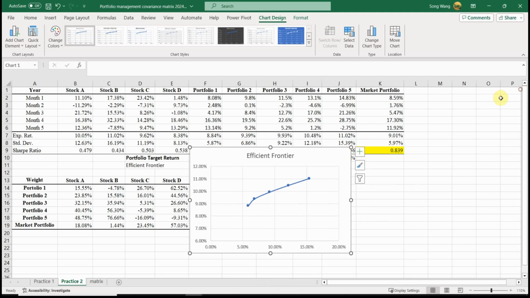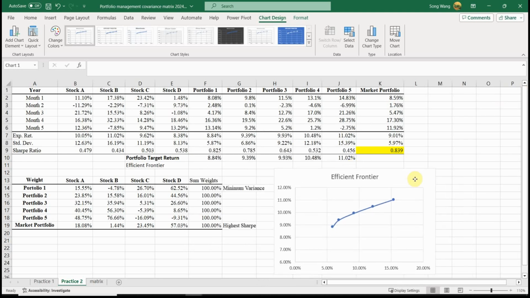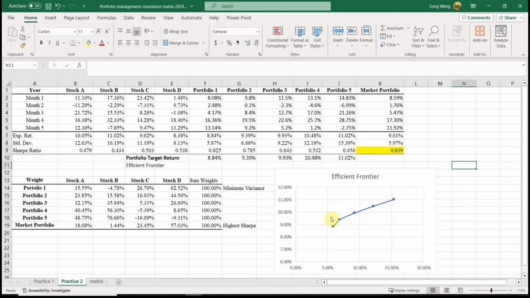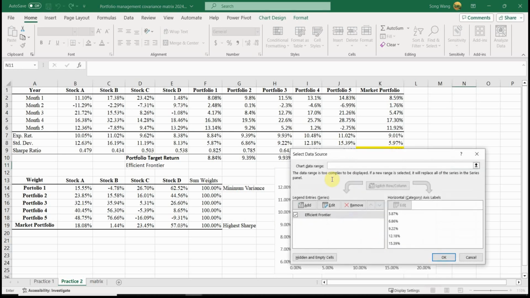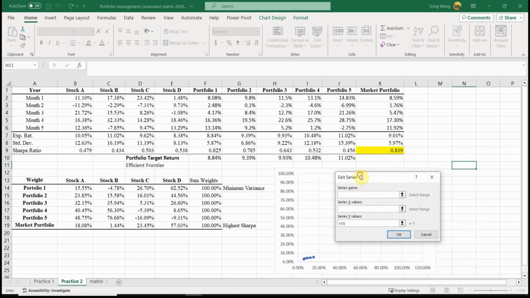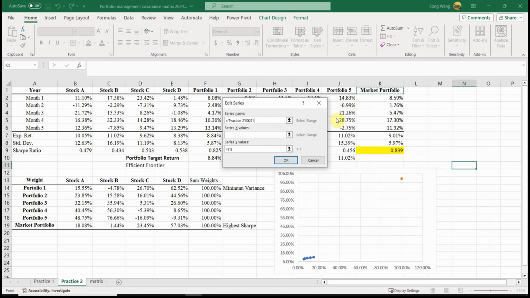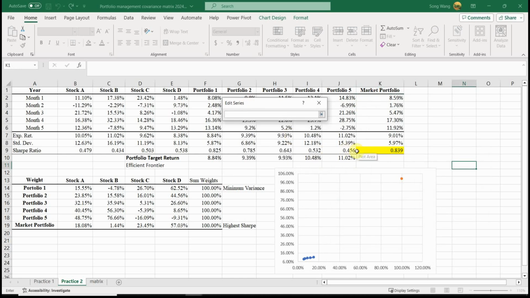Okay. And for the market portfolio, I want to make it a different series. So add a different series, and the name of it, market portfolio. The X value would be the risk, and the Y value would be the return.